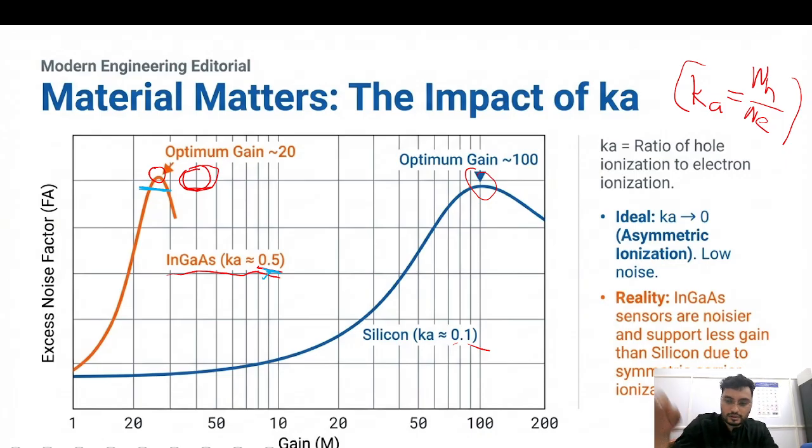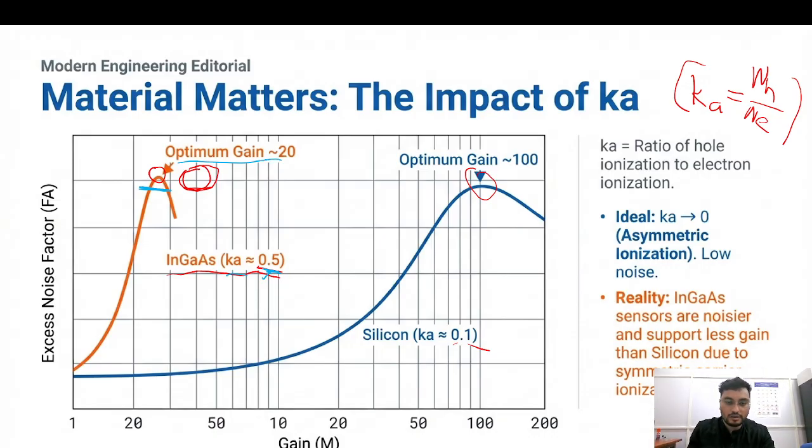Okay, so we have understood about the APD, how the noise will increase with the multiplicative gain, and also the problem with the optimum gain when dealing with Ka.